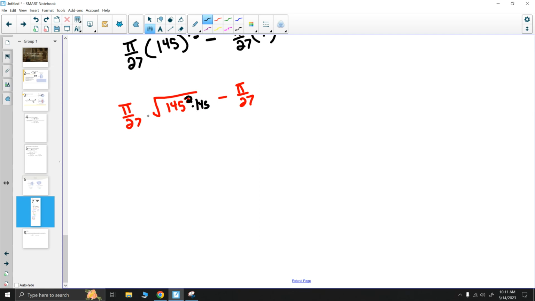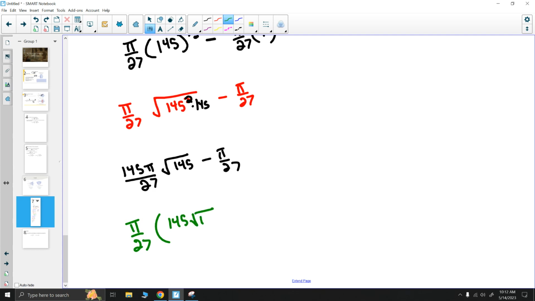This squared can come out, and so we get 145 pi over 27 square root 145 minus pi over 27. And that maybe doesn't look all that much better, but if we factor out a pi over 27, we would get 145 times the square root of 145 minus 1. And this might be a little bit better.